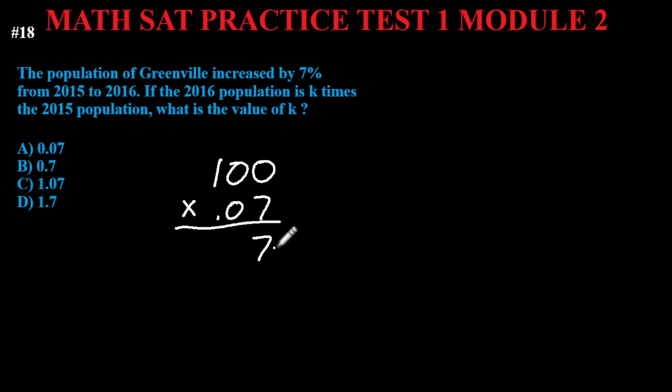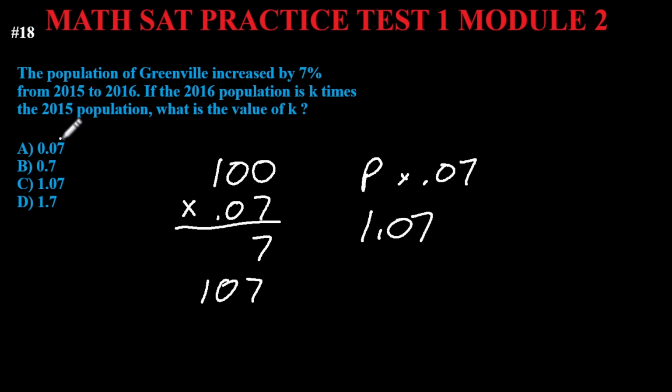I'm increasing the 7 in addition to the 100. So I need to have 107 as my starting value. So in order to do that, whatever the original population was, that's a P, and then I multiply that times 0.07. To include the P in there, it would be 1.07. So the answer is C.